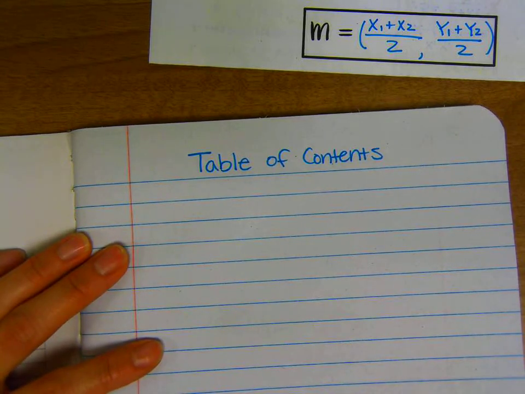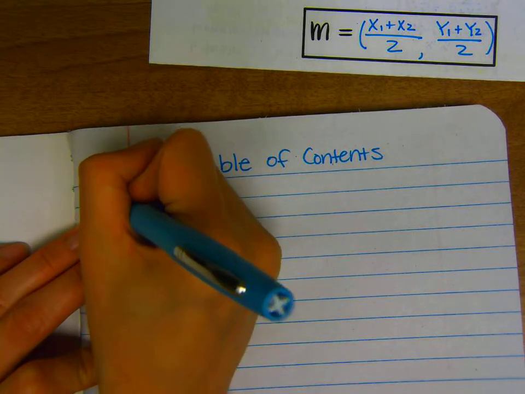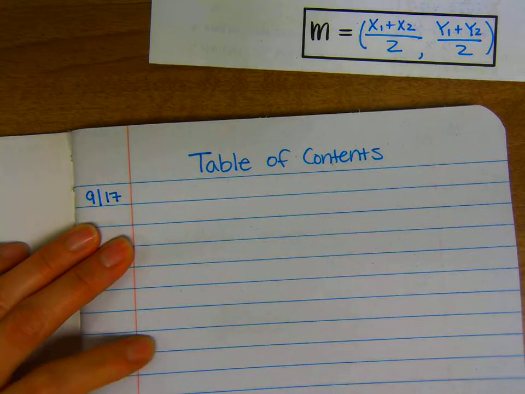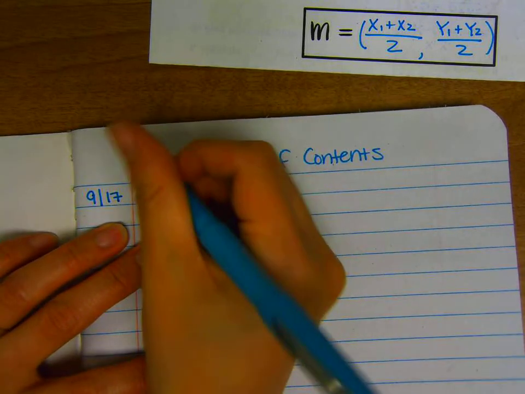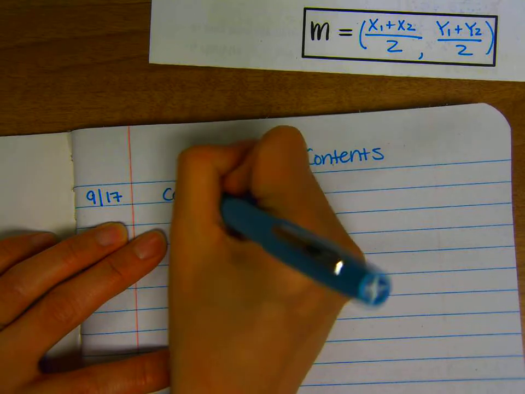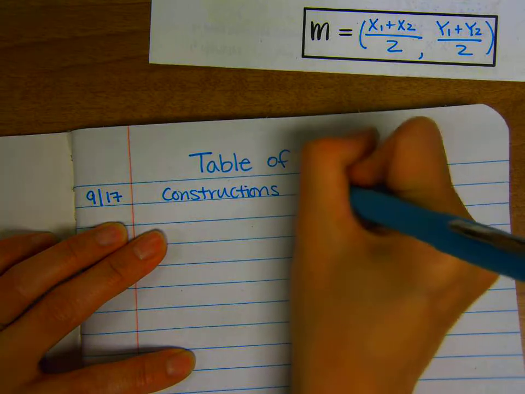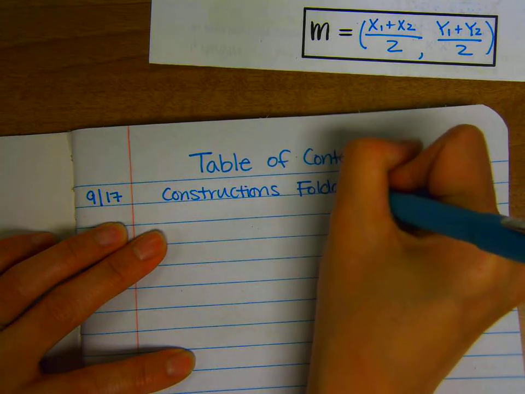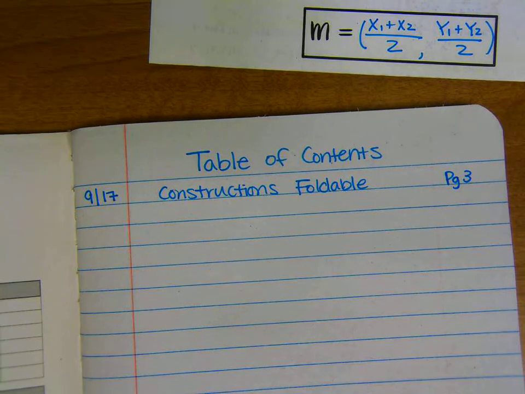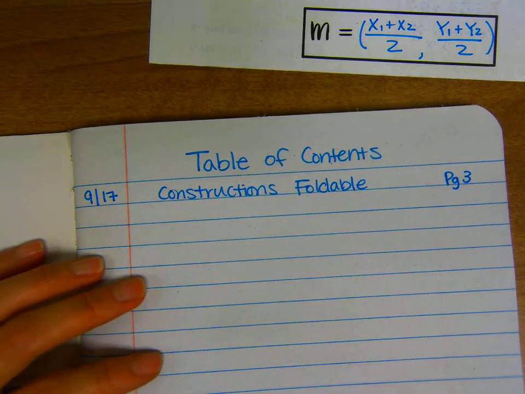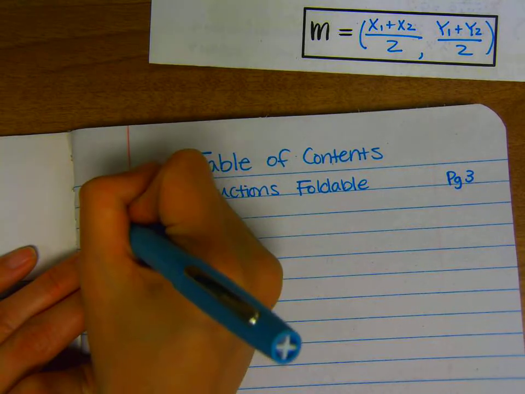I know last class, which was September 17, we actually made a foldable for construction. So I want you to make the topic Construction Foldable. The page number was 3. And today we made the distance and midpoint formulas. So today is September 20th.